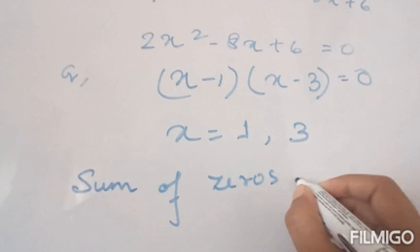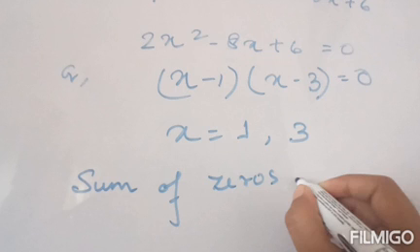Right? Now let's find the product of the zeros. Product means 1 into 3, which is 3 only. Now what is 3 from the equation? 6 by 2. Now 6 is the constant term that was present in the polynomial, and 2 is the coefficient of x square. Correct?